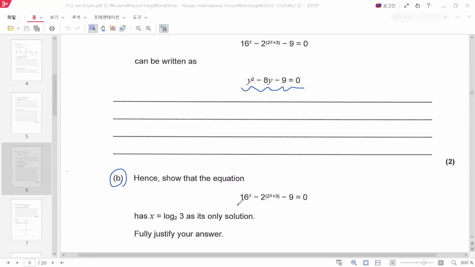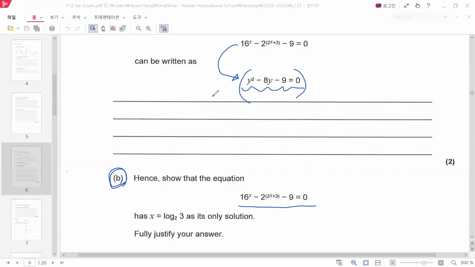So basically, this equation, 16 to the power of x minus 2 to the power of 2x plus 3 minus 9 equals 0. They ask you to convert this equation to the quadratic equation in part A. So question B means, by using this equation, solve the question.